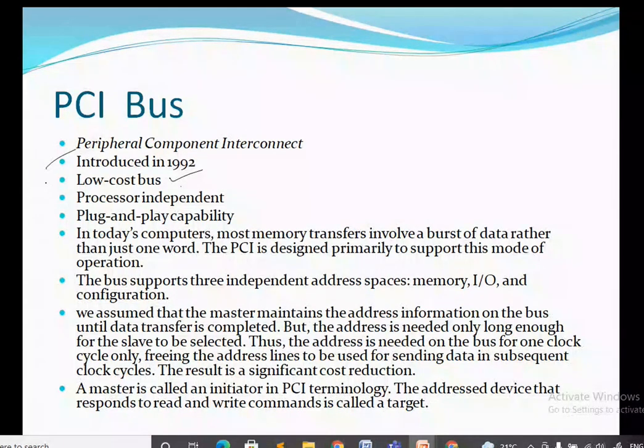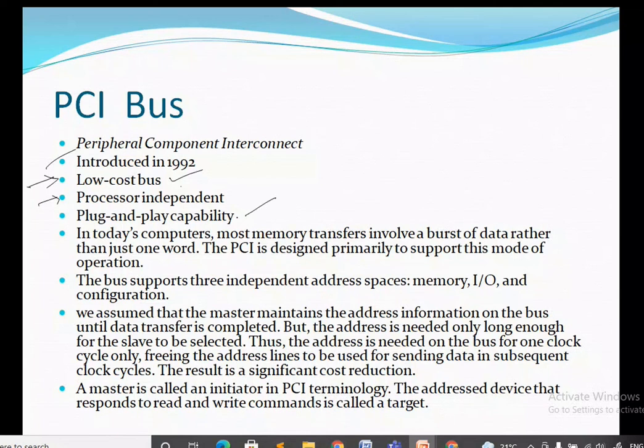The speciality of the PCI bus is that it is low cost; the cost involved for PCI is very low. It works with any type of processor, which is why it is called processor independent. It also has one more capability or flexibility, called plug and play capability.